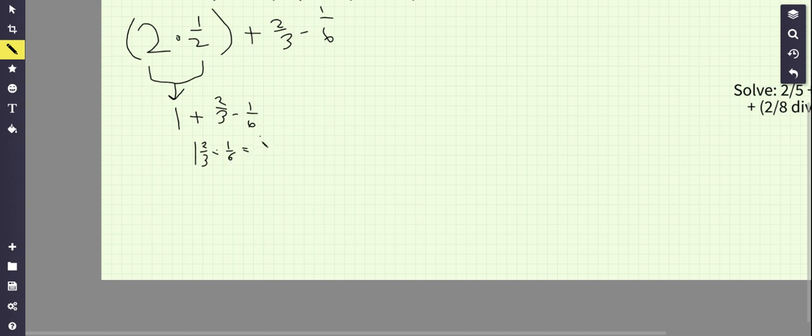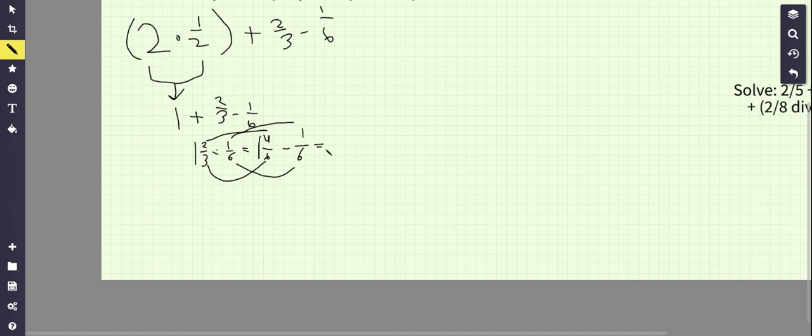I'll find a common denominator. For the common denominator I see a 6. So I'll write this as a 6. It takes multiplying 3 by 2 to get 6, so I multiply the numerator by 2 as well. So I get 4. Here we multiply only one time, so it gets 1.